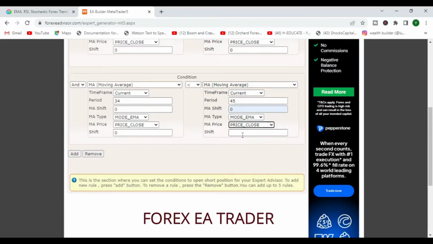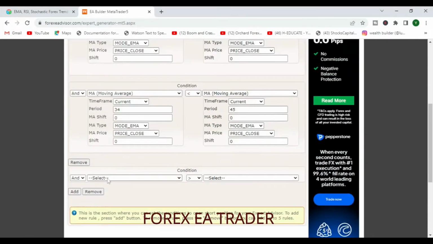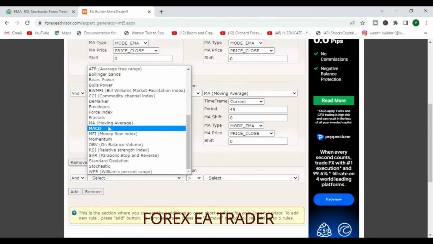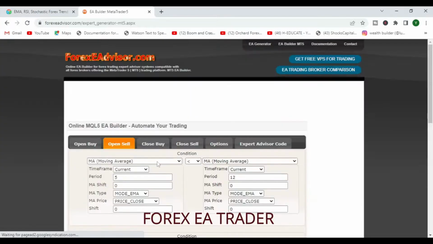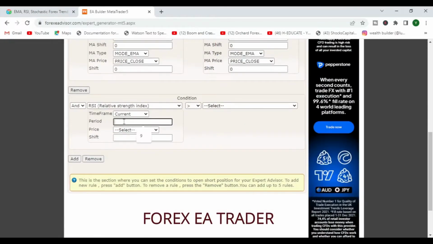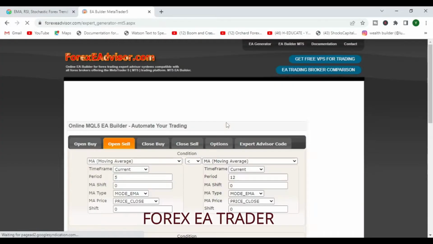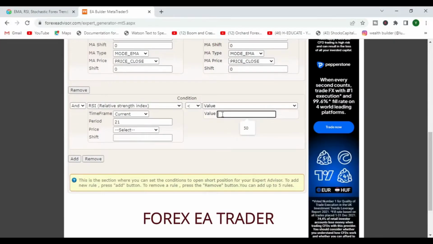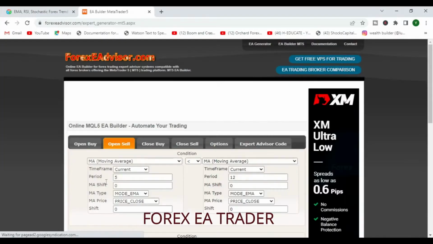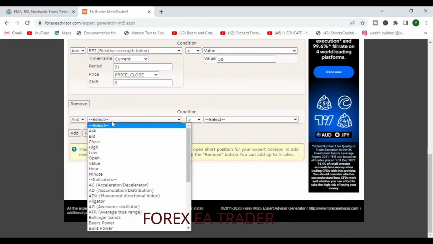Close, and add our RSI, which is, I think it was 21, if I remember well. 21 needs to be below 50 value. And stochastic also needs to be below 50.